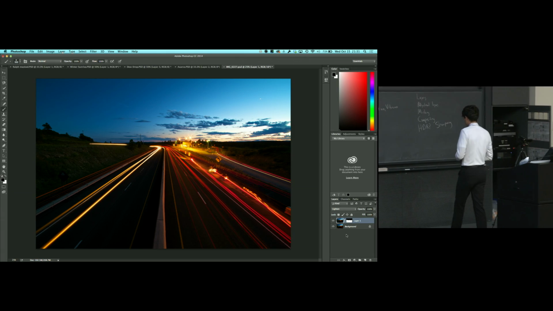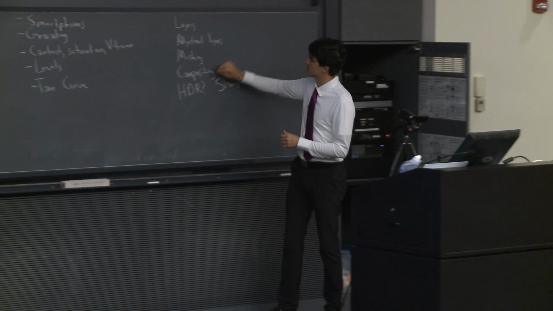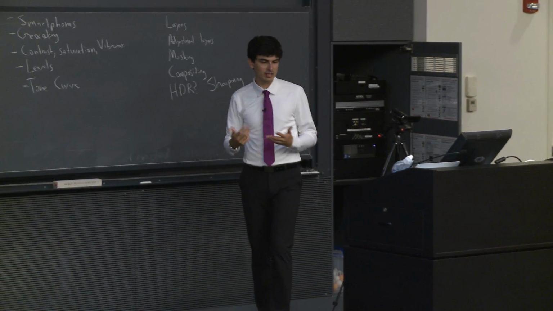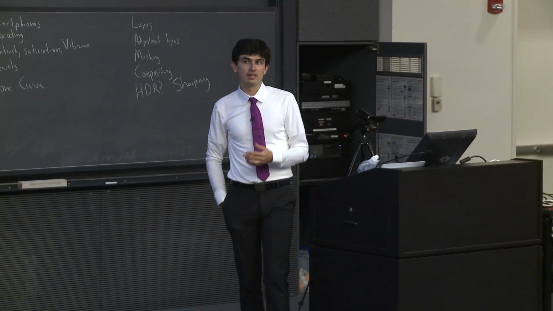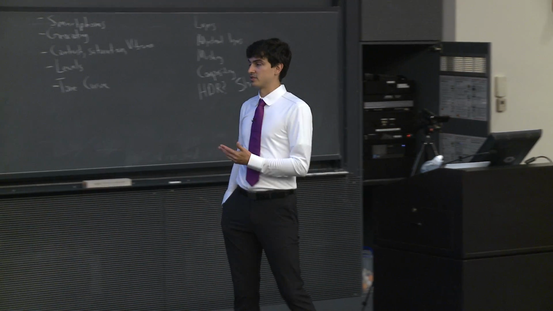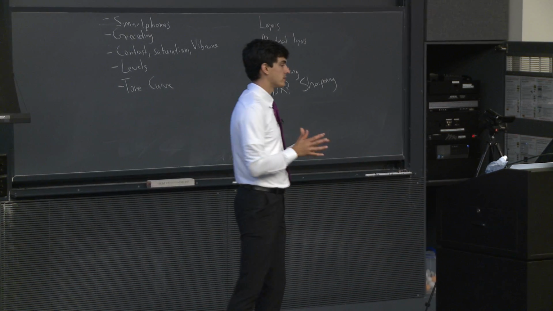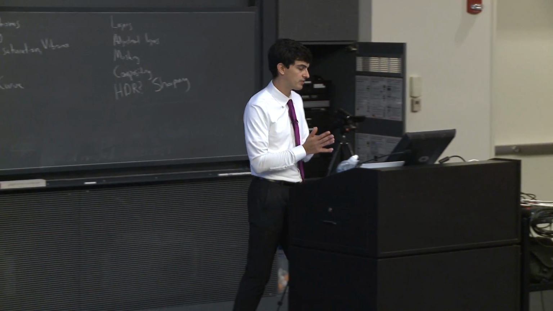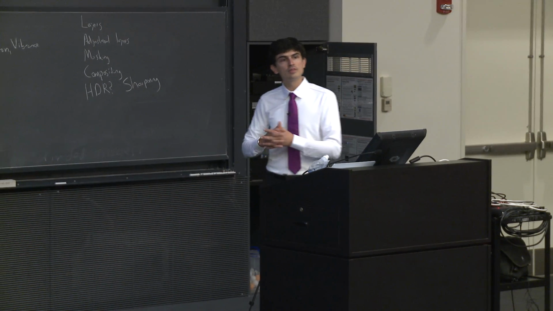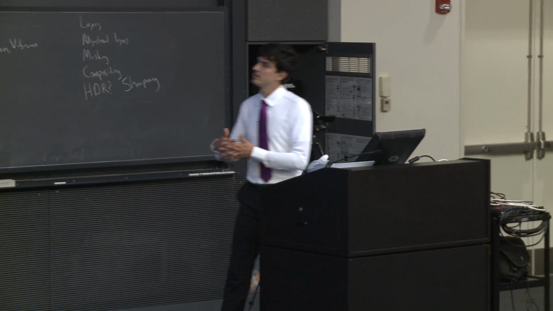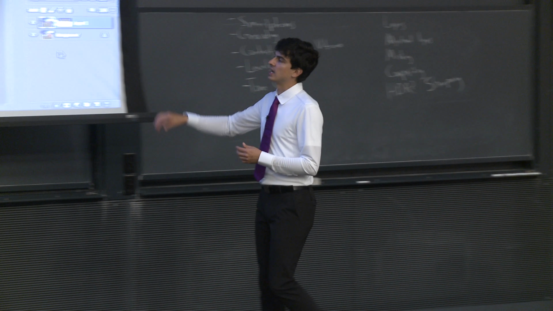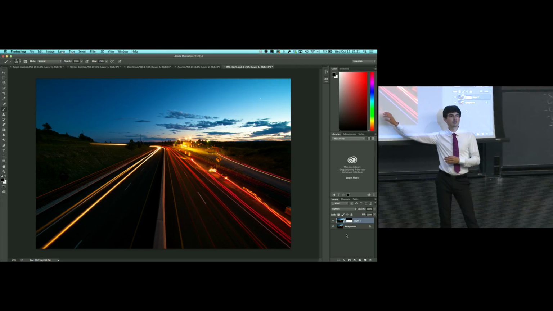Now, if we were to move on from some of these ideas and talk about HDR, HDR is really a topic that could take an entire class worth of information, but it's also not a technique that I tend to use very frequently. The general idea is along similar lines, except a little bit more advanced than this.